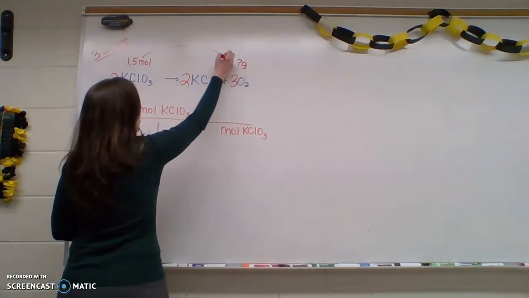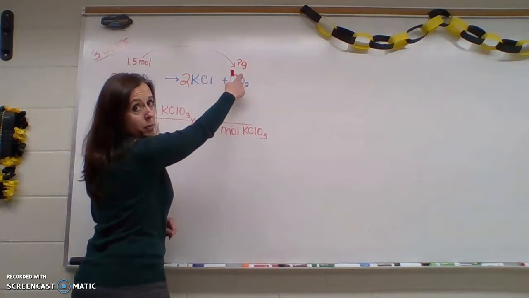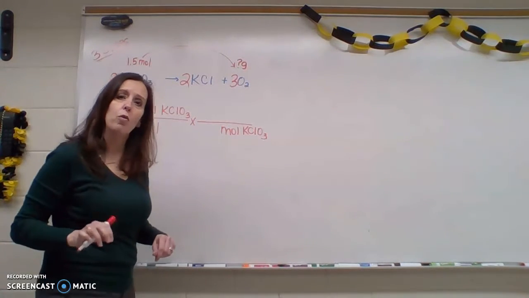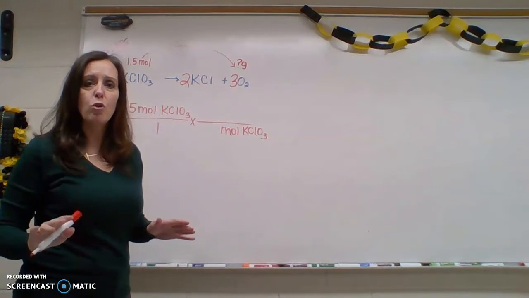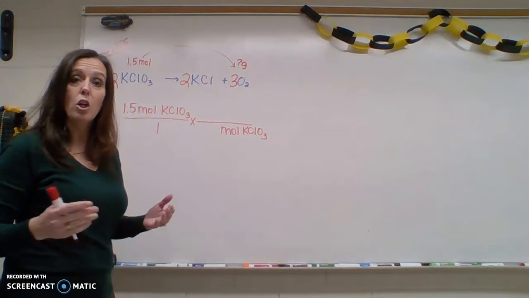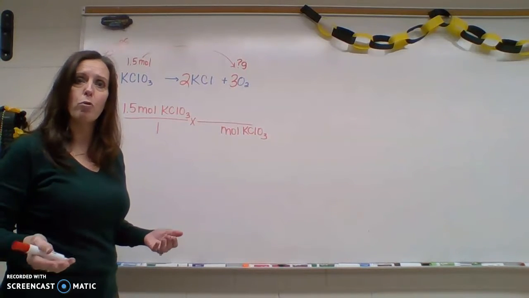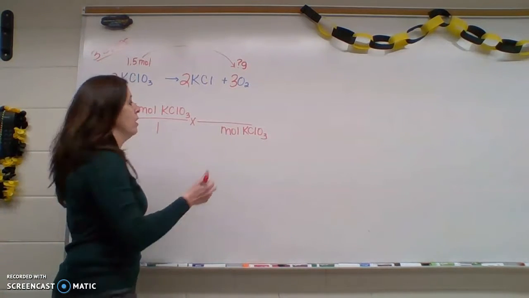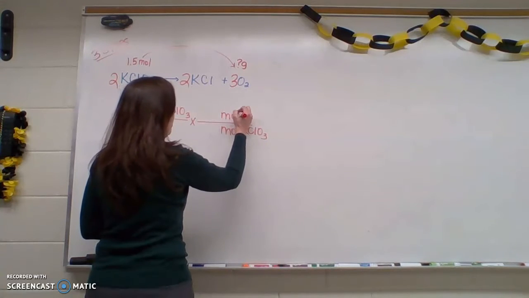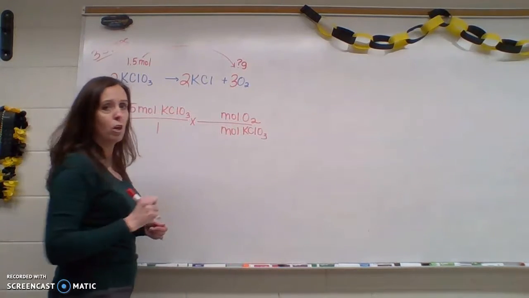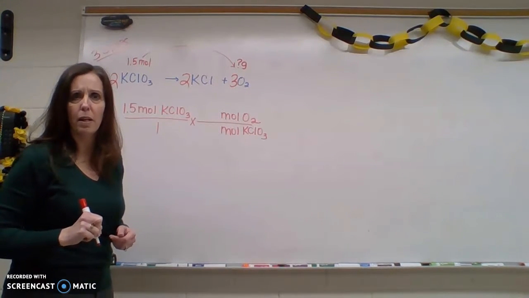I want to go to grams of this stuff. That's what it asked me for in the problem. But you cannot go directly to grams of something. You have to go to moles of it first. Moles are like your base unit. So I want to be in grams of oxygen. So I'll go to moles of oxygen first to help me get there.